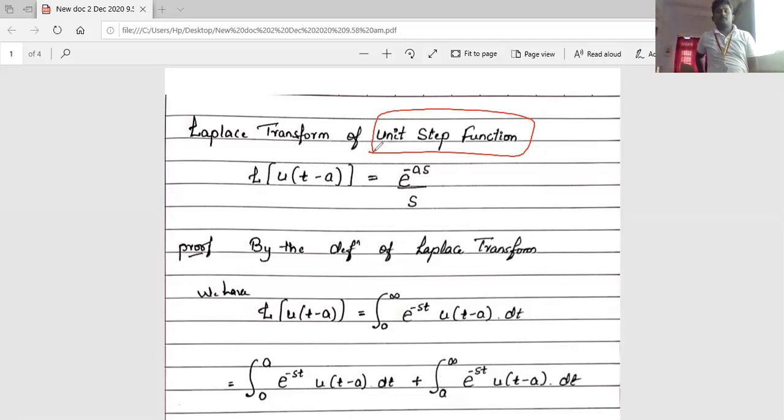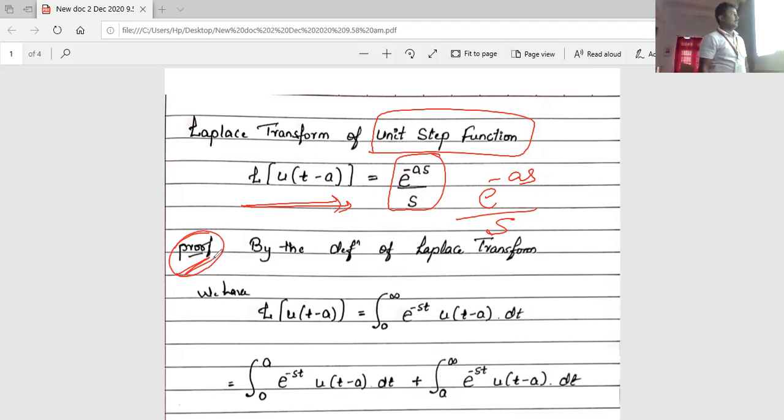The statement is: Laplace transformation of u of t minus a is equal to e to the power minus as divided by s. We have to prove this one. Let me prove it.